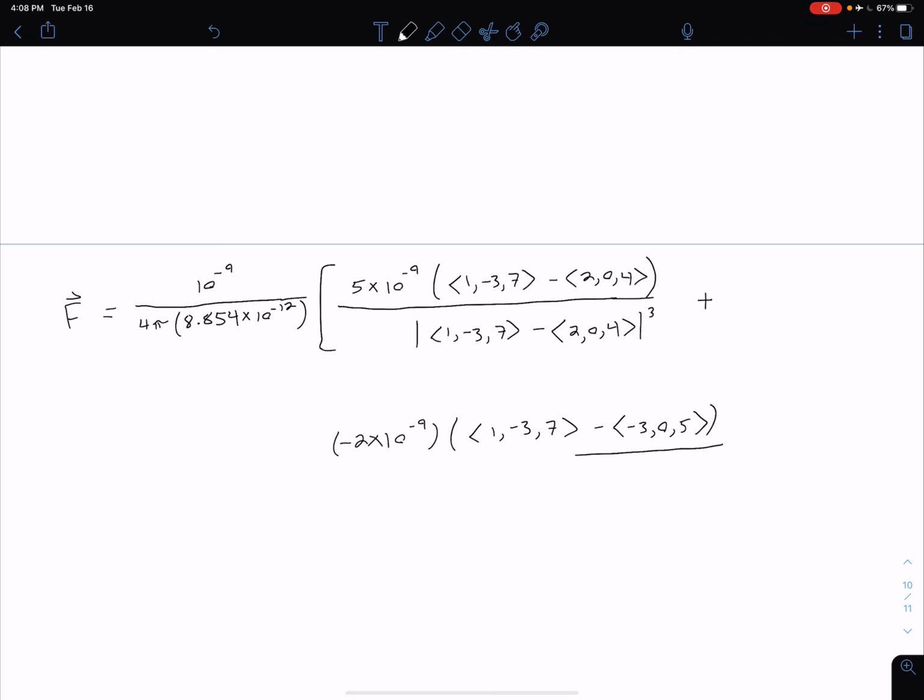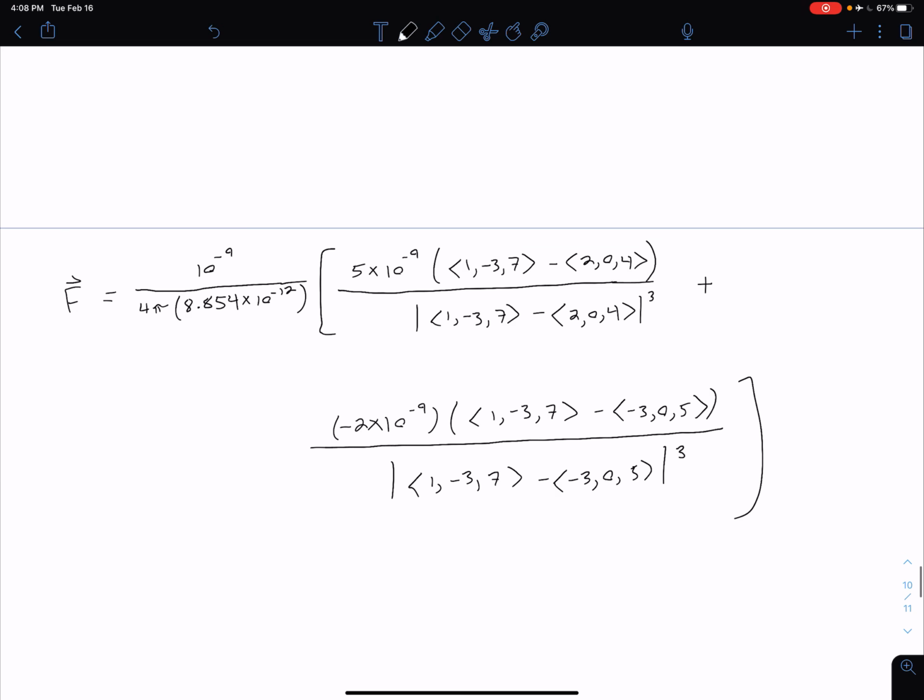And let's close that. And then in the denominator here, it's just the magnitude of that vector, 1, negative 3, 7, minus our negative 3, 0, 5, cubed. And then let's close our square bracket. And so that's our force equation.